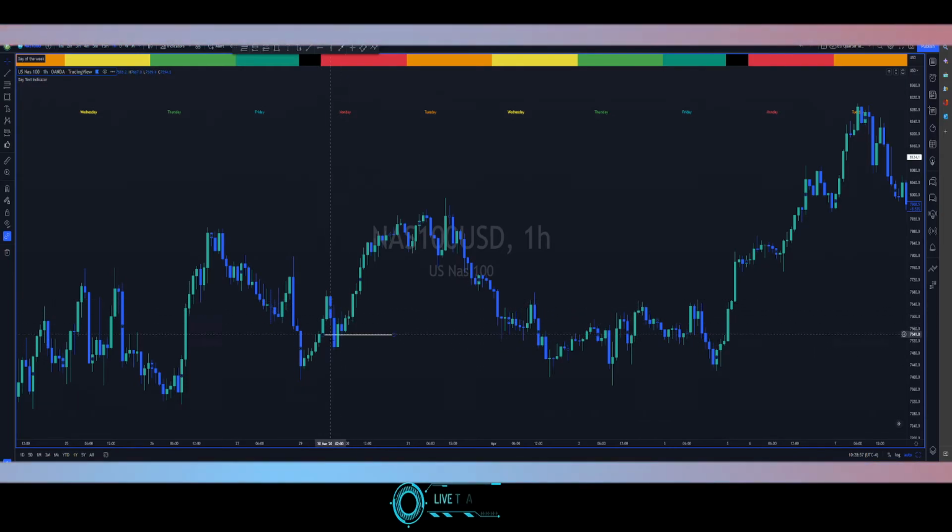So I like to look around this area here to see what happened and what could happen for the rest of the week. So if we're in a downtrend, looking at Monday, I don't really want to use this area because I don't really see anything that is downtrending unless I want to use this area here.